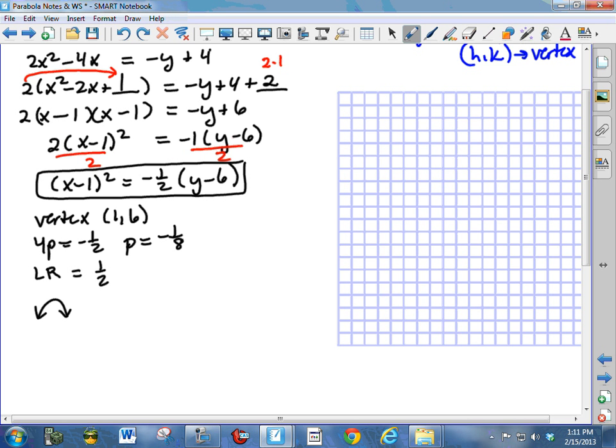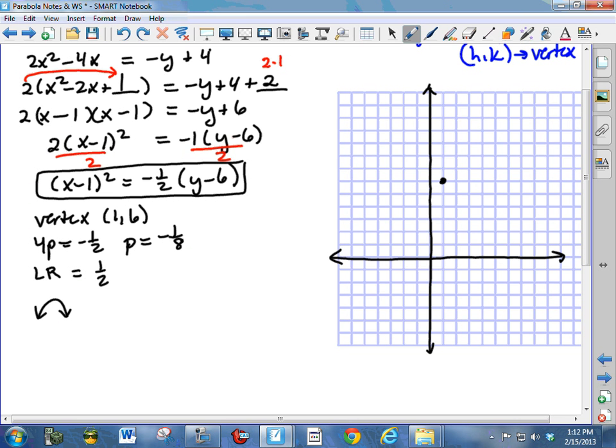So let me start with plotting the vertex. Since the vertex is kind of farther up, I'm going to scoot that over just a wee bit and put my x-axis a little bit down towards the bottom here. So my point (1, 6) is the vertex. 4, 5, 6, there's the vertex.